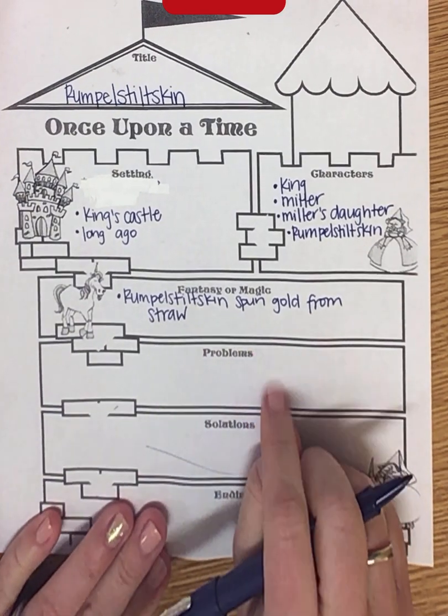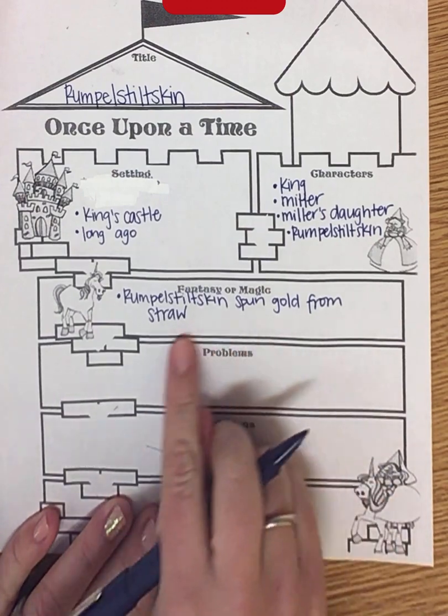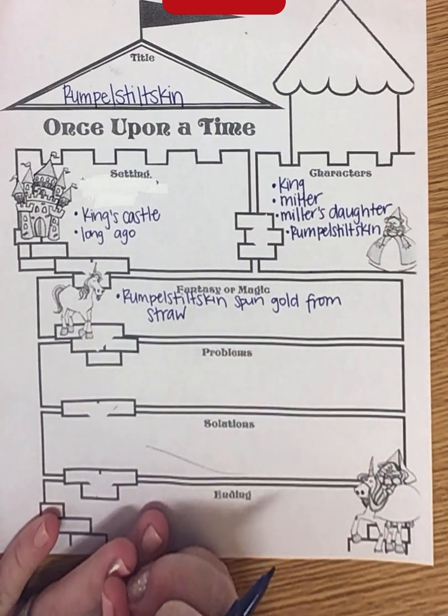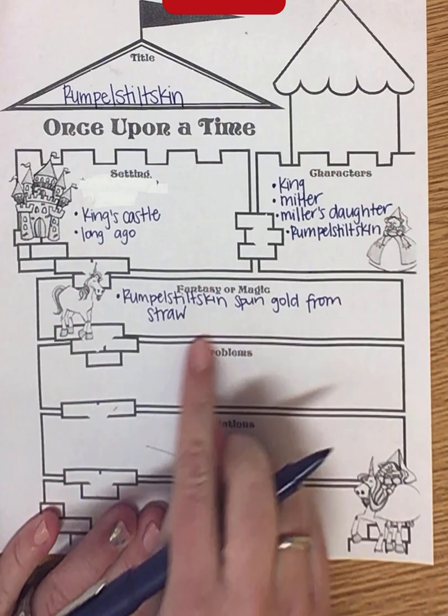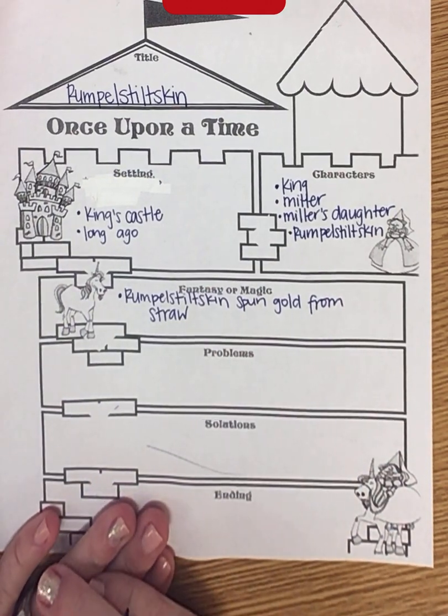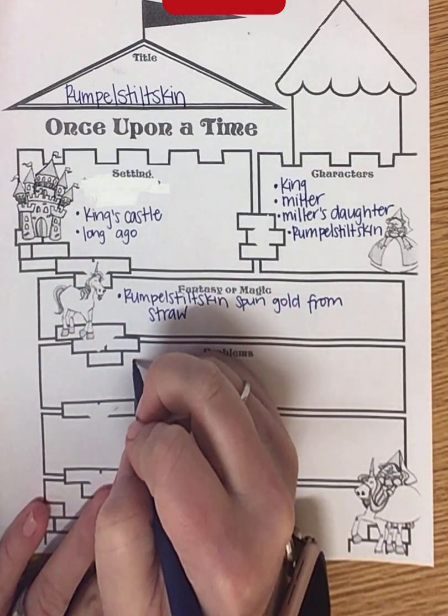All right. We know that the next thing that we're going to see in our fairy tale is a problem. What problem was faced because of some things that the miller did? Good.